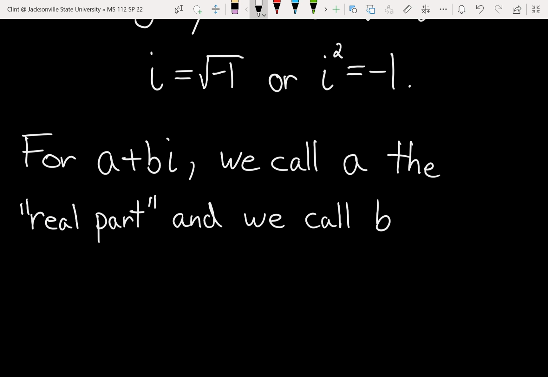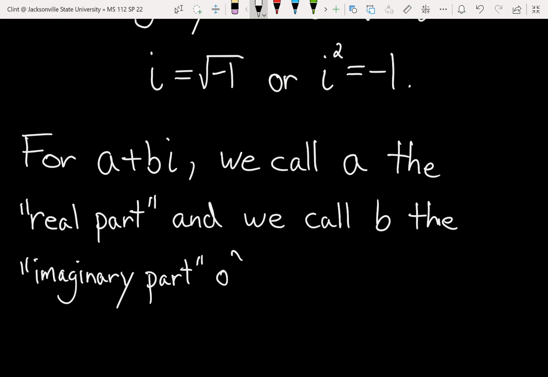The b part is called the imaginary part. And i, we already know what it's called, it's the imaginary unit.